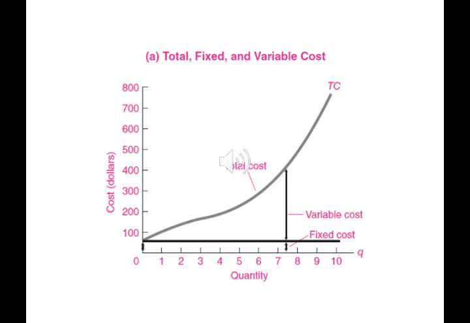But as you can see, at the beginning, until maybe 3 units of output, or when Q is 3, you can see that the curve is increasing by a decreasing rate. So it looks as if it is a concave curve until Q is equal to 3.